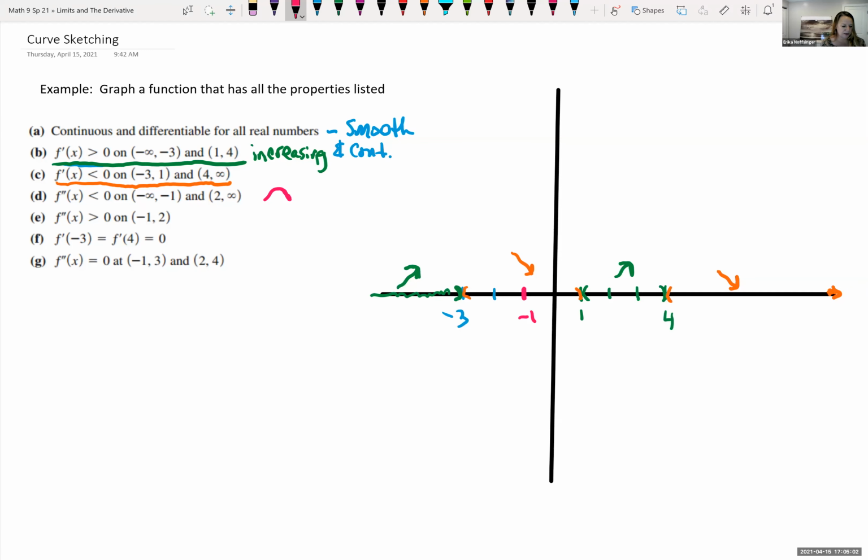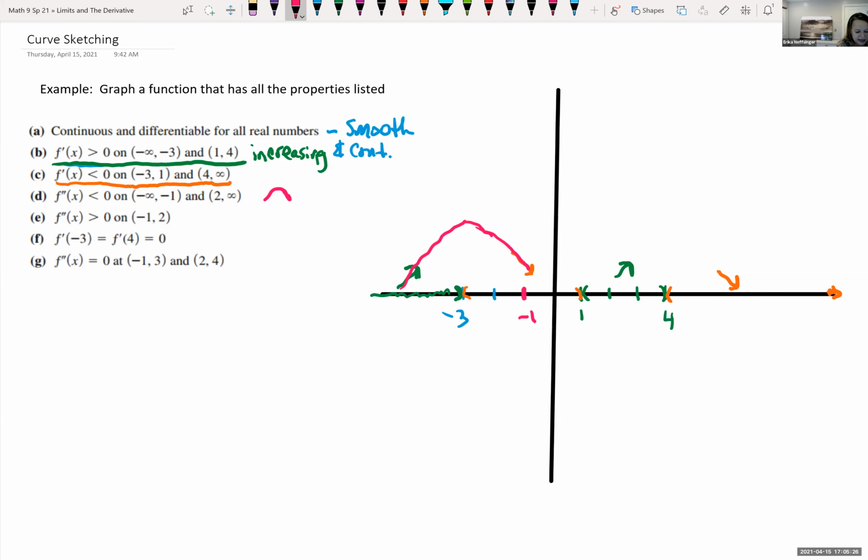Okay, so we can kind of put this piece together, right? Because we know that it's in, well, I guess we might have to go back. But right now, I can see that it's increasing till I hit -3, and then it starts to decrease until I hit +1.